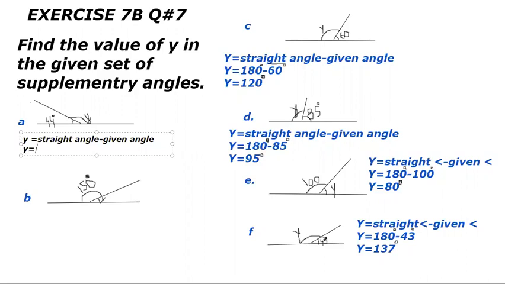So y is equals to straight angle, which is always equals to 180 degree, minus 44 degree.